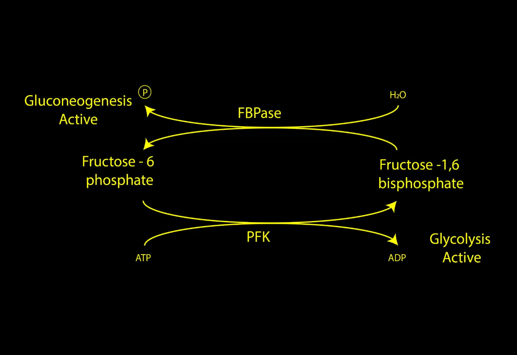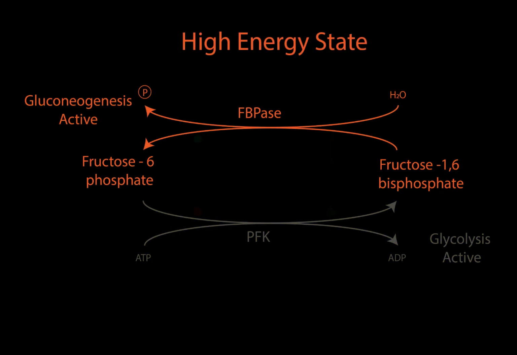So we have these two coupled pathways, glycolysis and gluconeogenesis. And we've said that the key step is the conversion of fructose 6-phosphate to fructose 1,6-bisphosphate. So the idea here is that when we are at a high energy state, we do not want glycolysis to be active because that produces more energy. Instead, we want that process to be inactive, and we want gluconeogenesis to be active so we can store that energy, right?